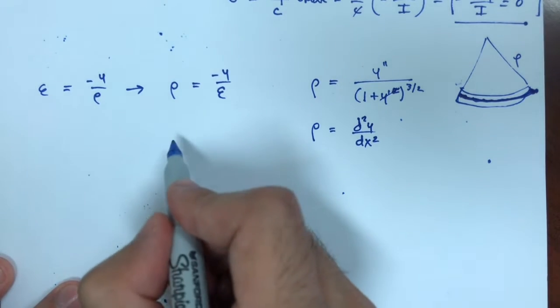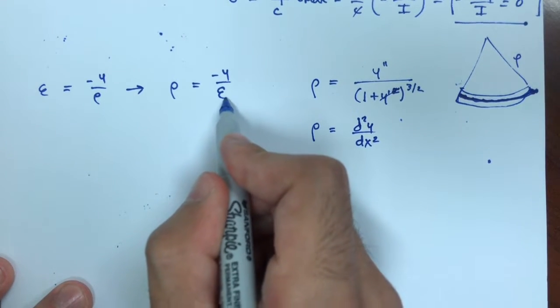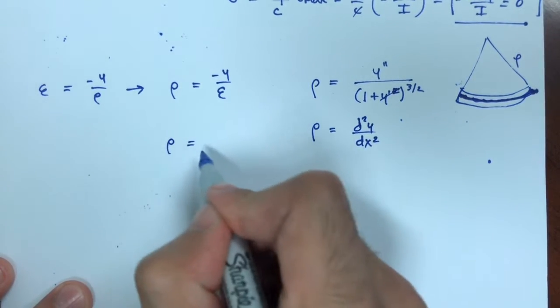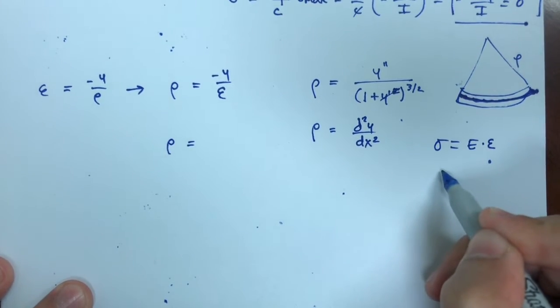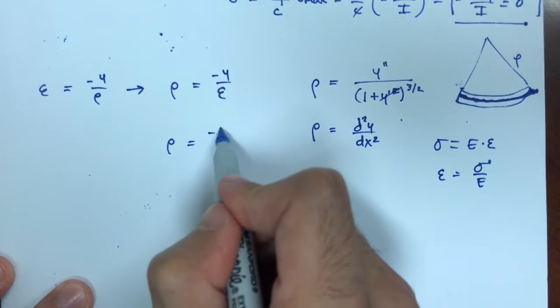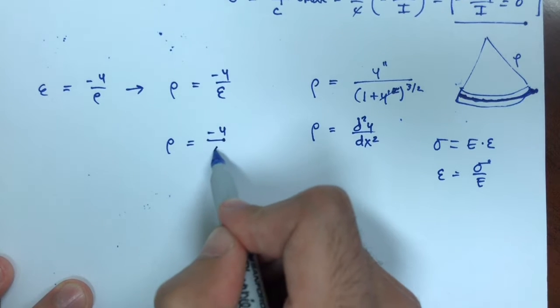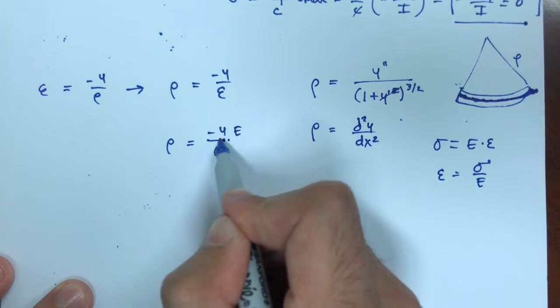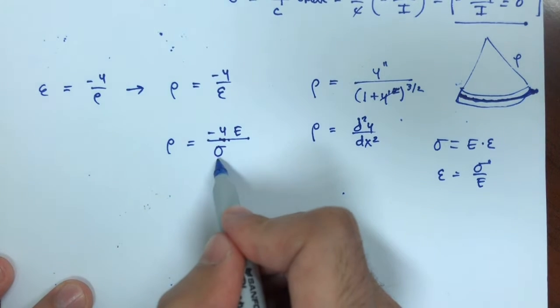So if I know that sigma is equal to E times epsilon, then epsilon is equal to sigma over E. This would be minus y over epsilon, which is sigma over E. Alright, and I just found sigma.